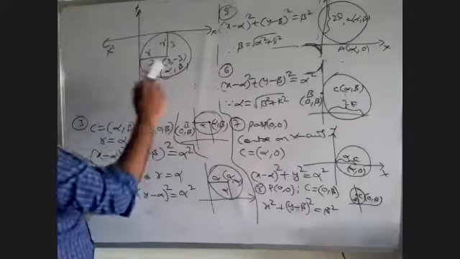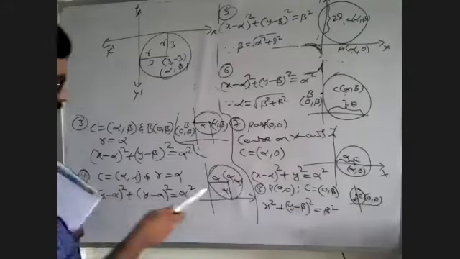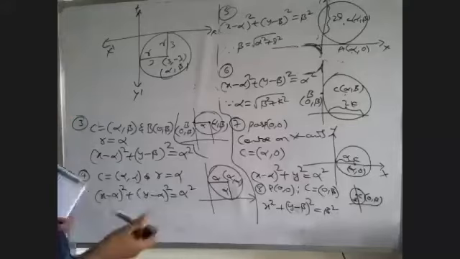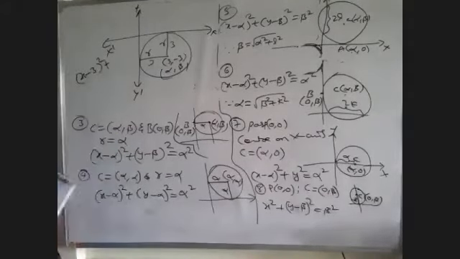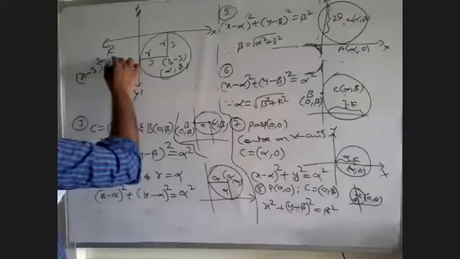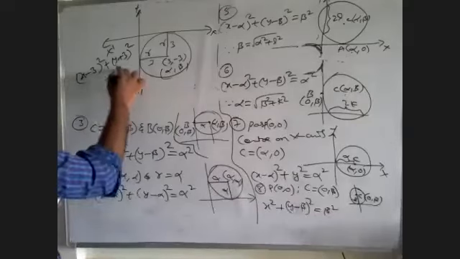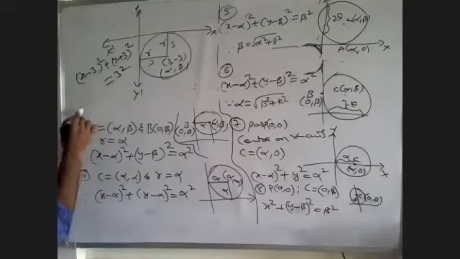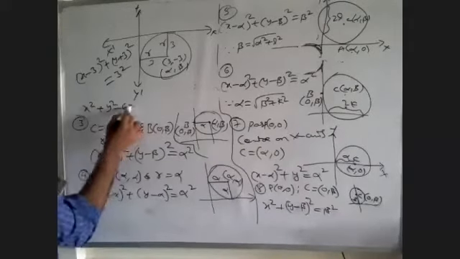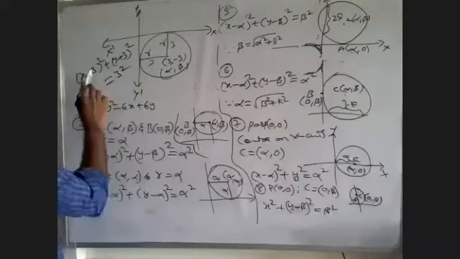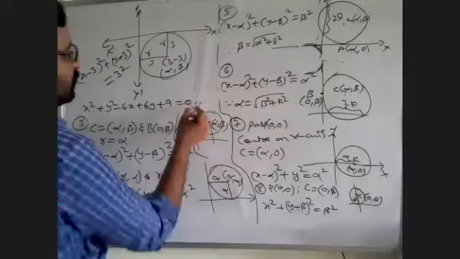The equation is (x minus h) whole square plus (y minus k) whole square is equal to r square, touching both axes. So (x minus 3) whole square plus (y plus 3) whole square is equal to alpha square, that is 3 square. Simplification is the solution: x square plus y square minus 6x plus 6y, plus 9 plus 9 minus 9, so 3 square cancels, plus 9 is equal to 0. That is the answer.